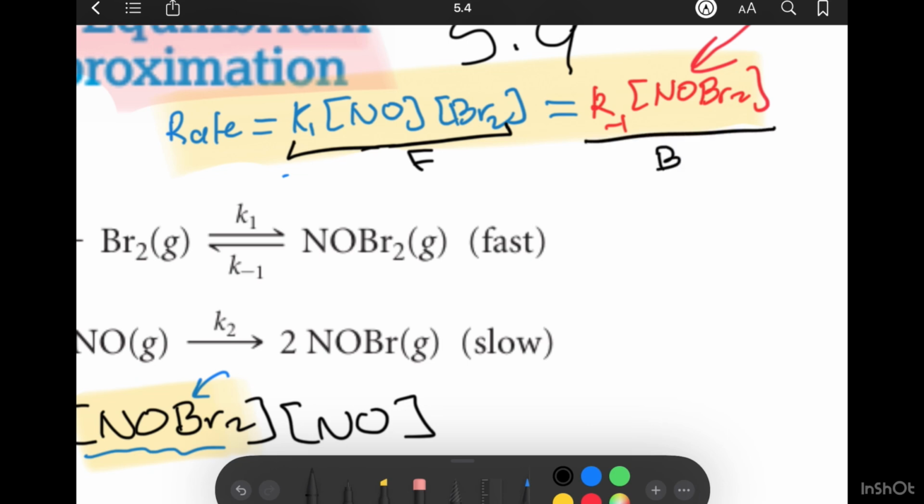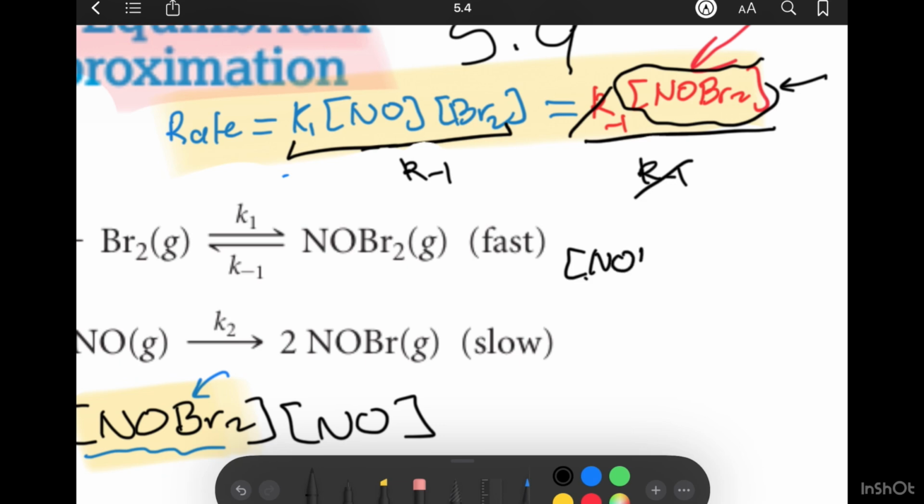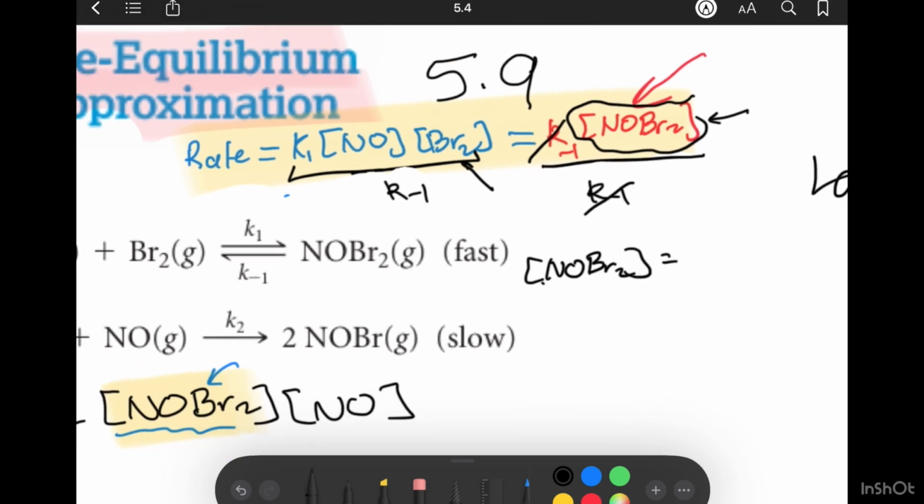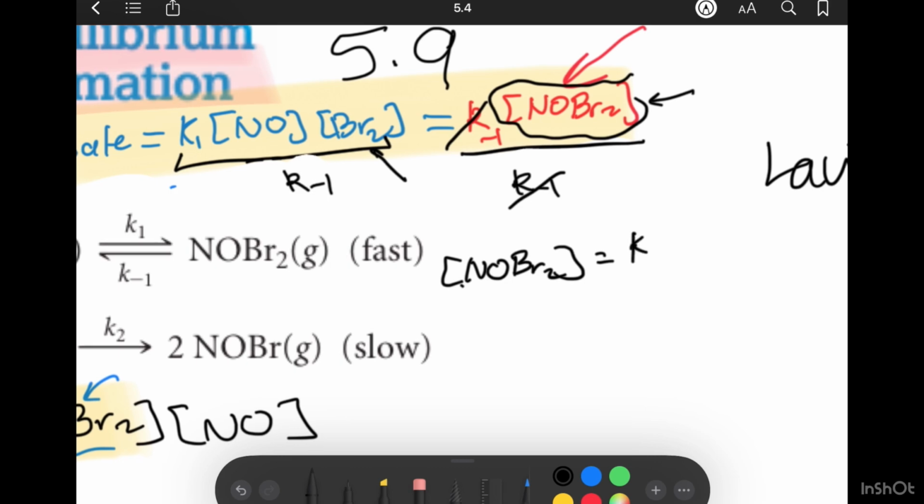If I want to take this concentration, the troublemaker, and represent it in terms of the other things, I need to divide over k-1, and cancel the k-1. So we can represent NOBr2 in terms of the other concentrations: it's going to be k1 [NO][Br2] over k-1.